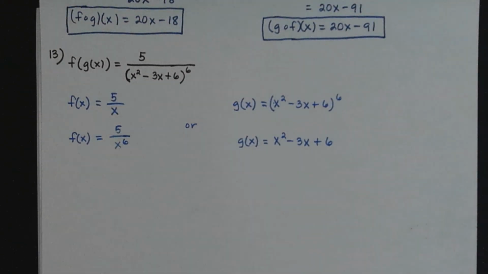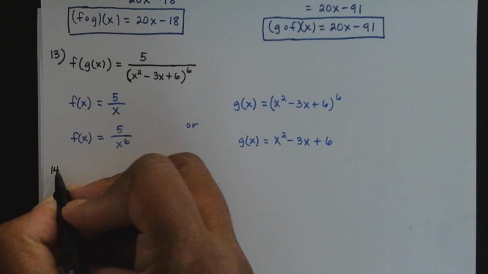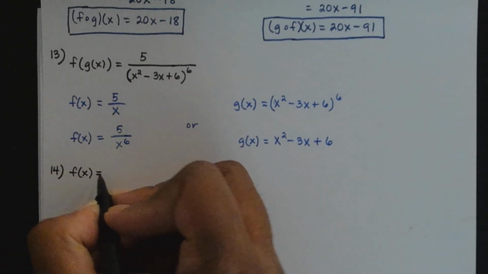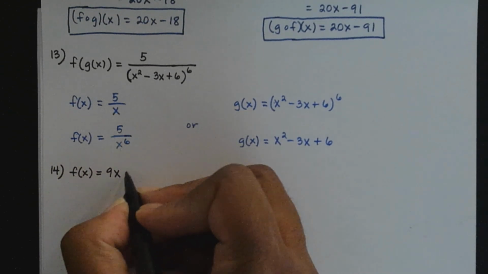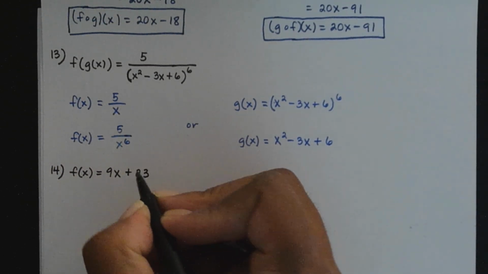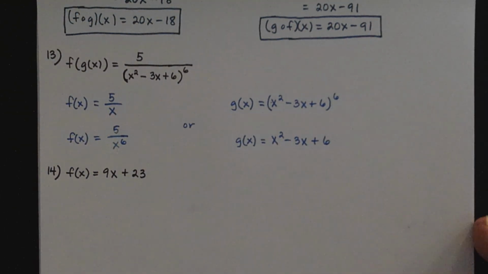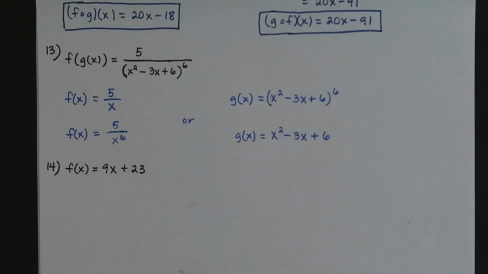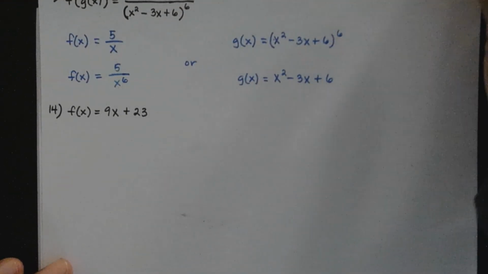All right, number 14 is finding the inverse of the function. In this case, we've got f of x equal to 9x plus 23. And here I want to find out what f inverse of x will be. And of course, that 4-step procedure is what we use to find the inverse of the function.